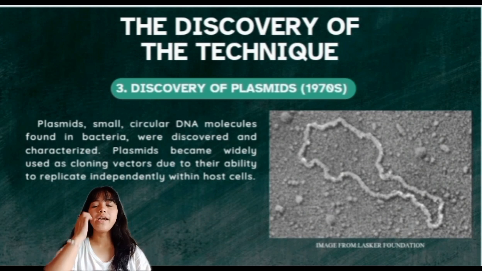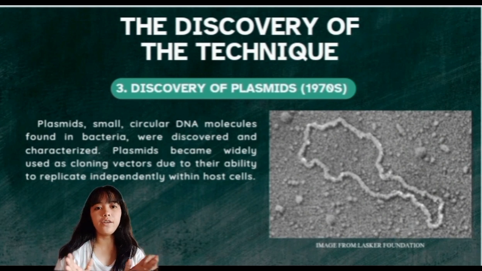Next is the discovery of the plasmid. The discovery of the plasmid dates back to the 1940s, and these plasmids were first identified in Staphylococcus aureus bacteria by Joshua Lederberg in 1952.